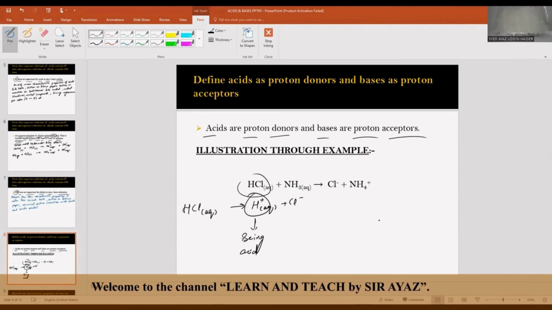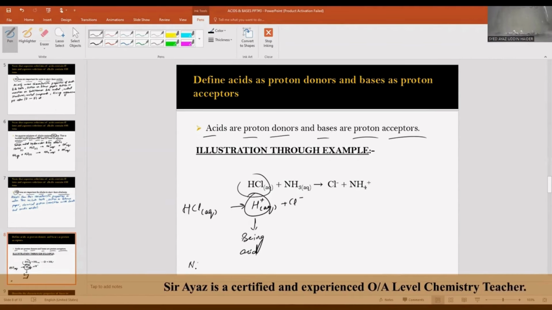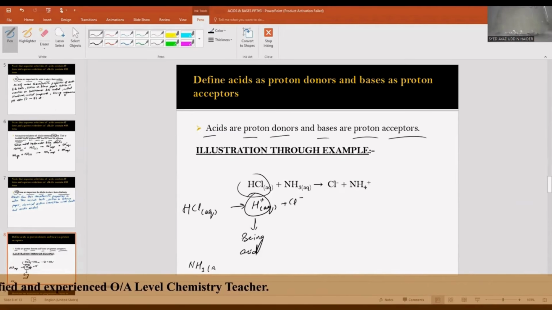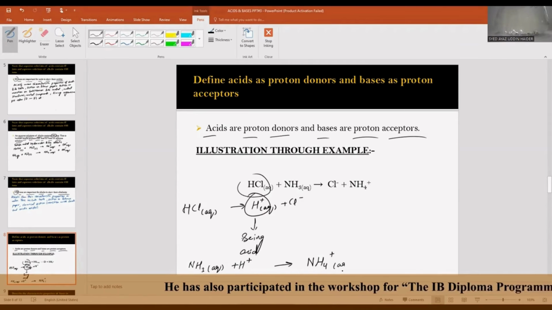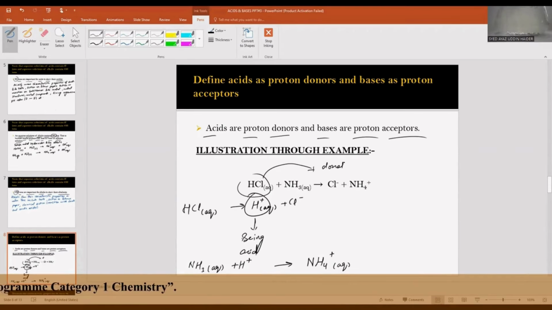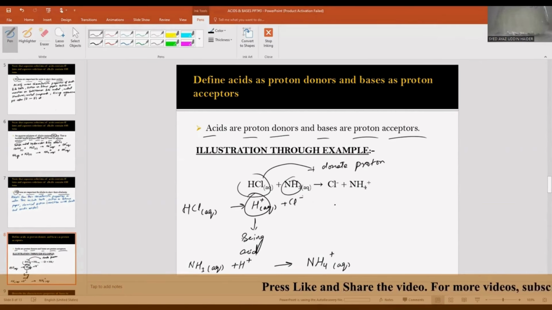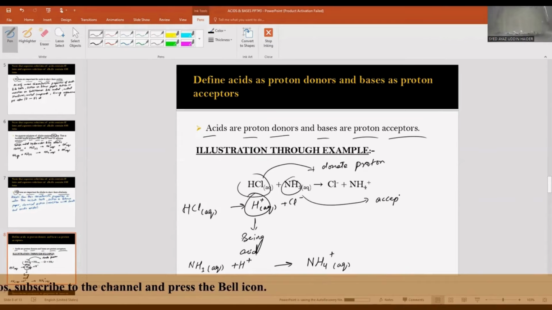And NH3 is a base or alkali which accepts that proton. NH3 aqueous plus H positive ion produces NH4 positive aqueous. Donate proton. And this one accepts proton.